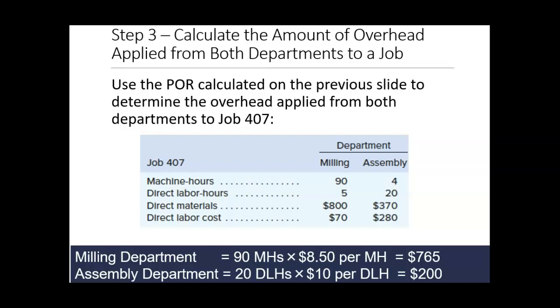For our assembly department, direct labor hours were 20 hours, and that predetermined overhead rate was $10 per hour. So a total of $200 is going to be assigned as overhead costs in the assembly department. Okay, so now we have material costs and labor costs for each, and we're now going to add in the overhead costs in each of these different departments.